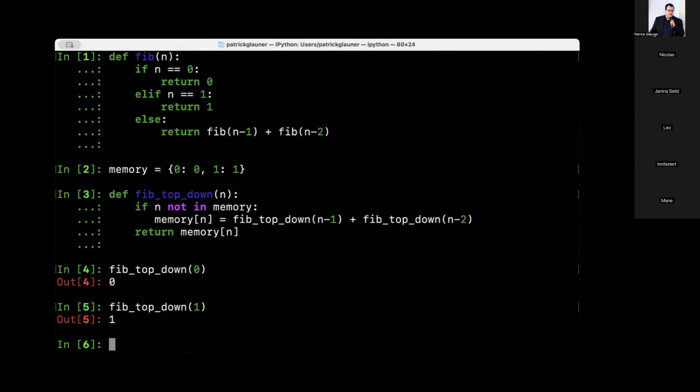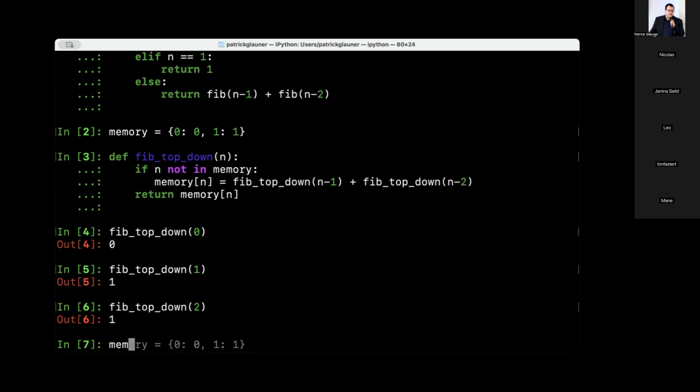The same for 1. If I'm running this now for 2, for example, it will look it up and it will see it's not in the memory. Then it computes this by calling fib top down for n-1 and n-2, summing it up and storing it in the memory and then returning it.